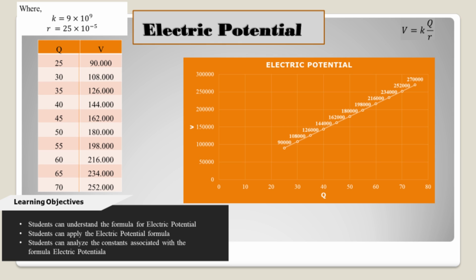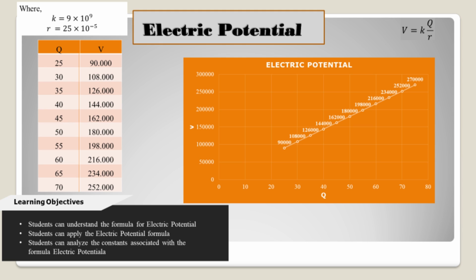And if Q is equal to 30, the electric potential is 108,000.